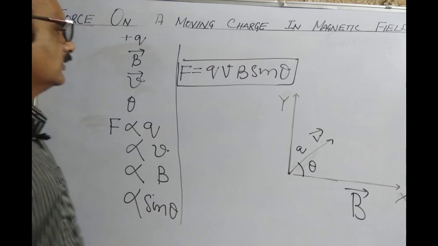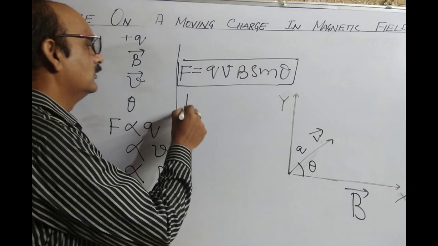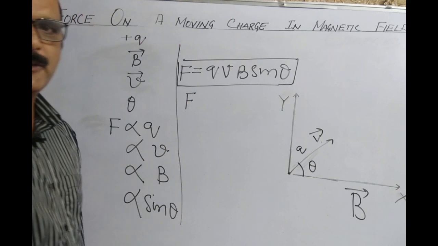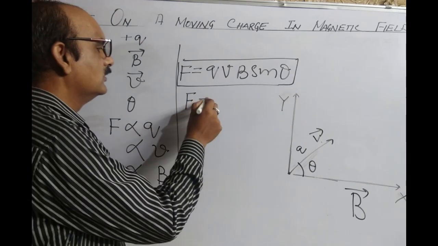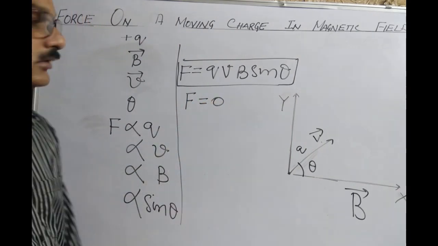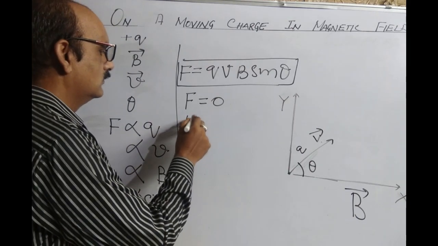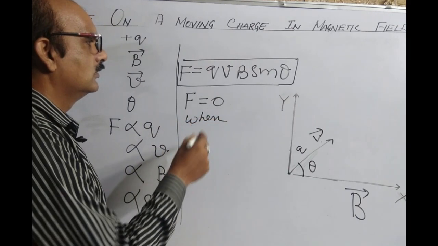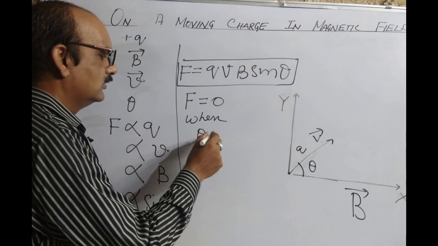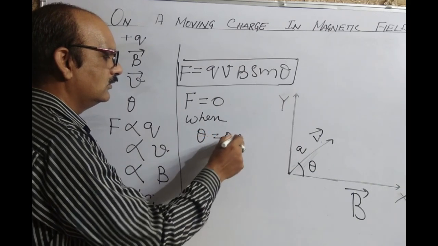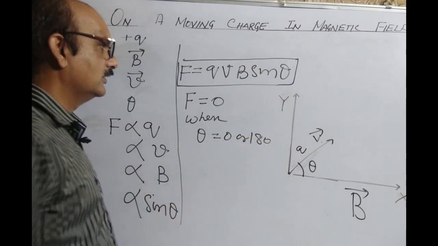Now, F will be minimum, that is, F will be 0 when, first, theta is 0 or 180 degrees.